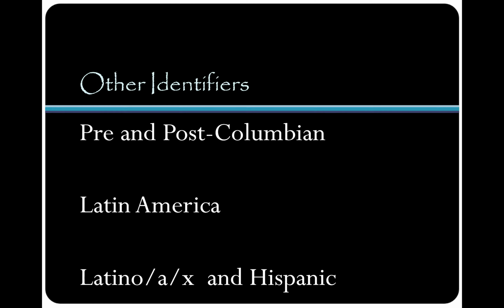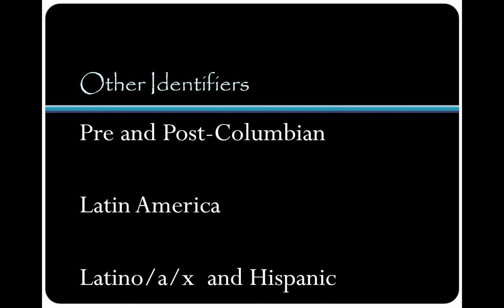Another thing I also try to point out is some of the identifiers, as I'd put it, or labels we would use when speaking about this region and really the whole of the Americas. You'll hear these type of labels such as pre and post Columbian or Latin American. And I think it's important to understand what these labels refer to or what these labels identify.